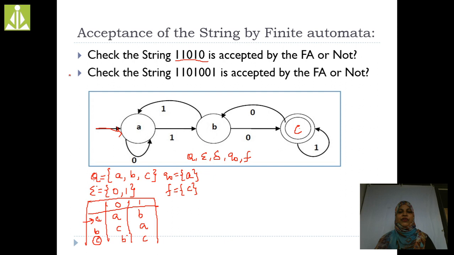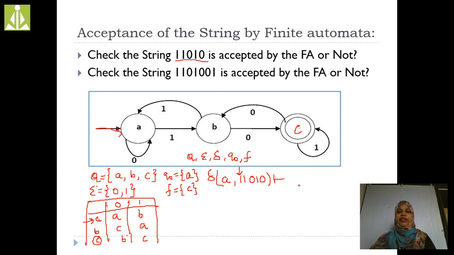Now I am going to process this string. Delta, which one is the initial state? A is the initial state. The input string is 11010. First we process the first symbol. What is A on 1?